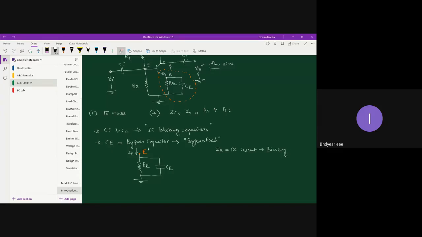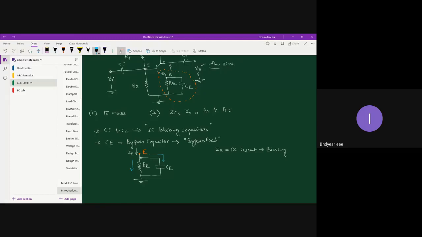When the DC current comes at the emitter node E, it will have two paths. It can either flow through this, or the DC current can flow through this. It can even split up and flow into two paths.